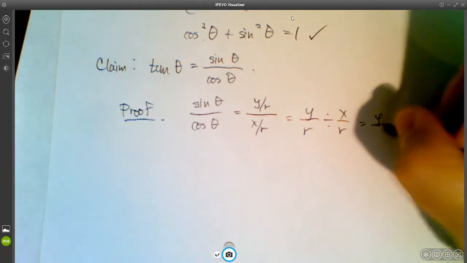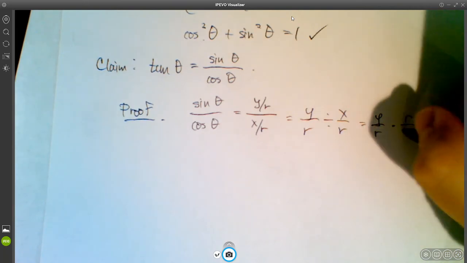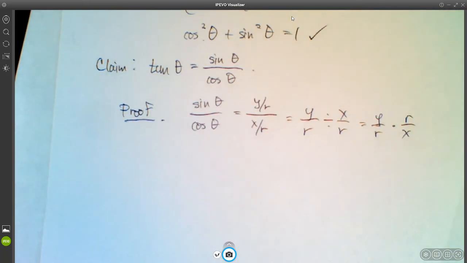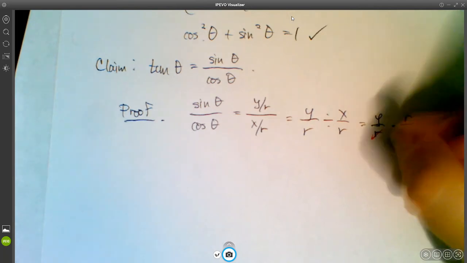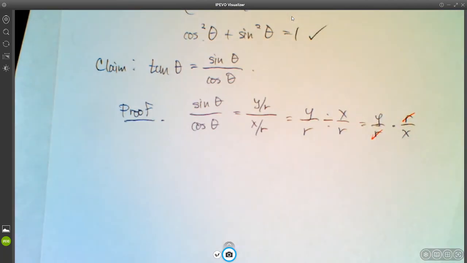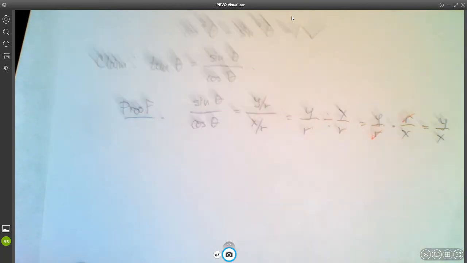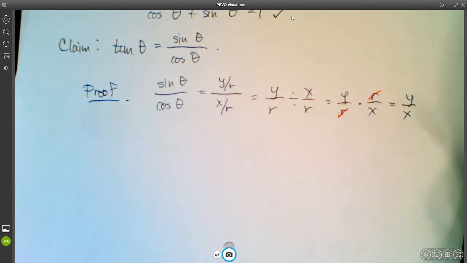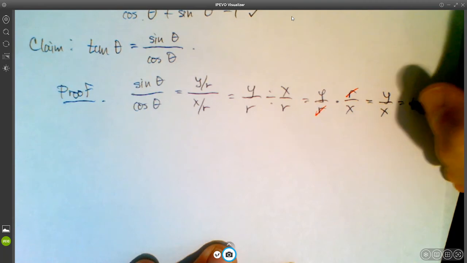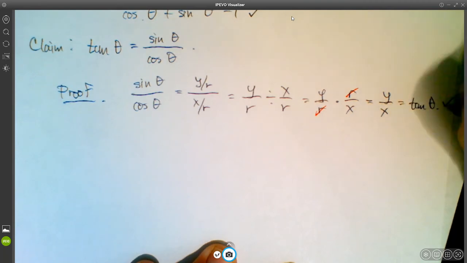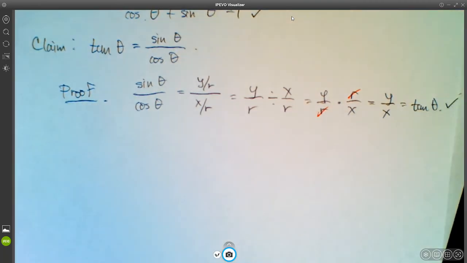That's the same thing as y over r times r over x, and the r's cancel, so we just get y over x. Y over x, by definition, is tangent theta. And so there you go: tangent theta is just sine theta over cosine theta.